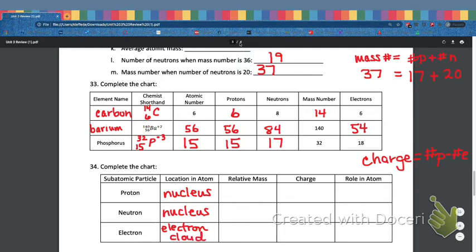The relative masses: protons and neutrons are about the same mass. They're very, very close. And electrons are approximately 0 AMUs. It's not quite 0, it's pretty small, though. The charge: protons have a +1 charge, neutrons have 0 charge, and electrons have a -1 charge.